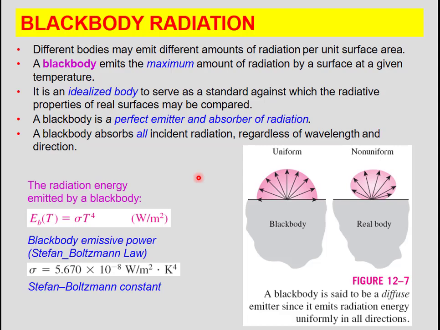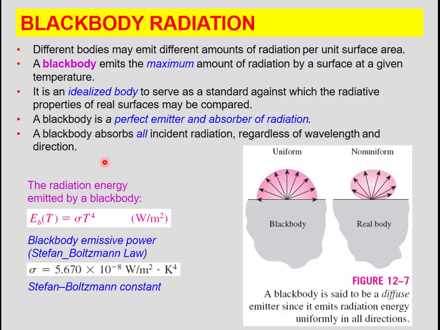And also we should know that the black body is a perfect emitter and absorber of radiation. As I told you, it emits maximum, so it will also absorb maximum. And also a black body absorbs all incident radiation regardless of wavelength and direction. We will see why it is important, but we should assume that a black body will absorb all this incident radiation regardless of wavelength and direction.